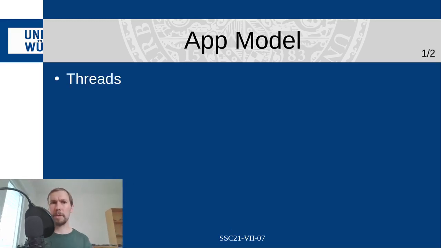The first element that we can describe in app models are threads. So threads are independent execution paths that are executed quasi-parallel. So the scheduling is accomplished by the operating system, but on this side we can define some parameters that influence the scheduling.